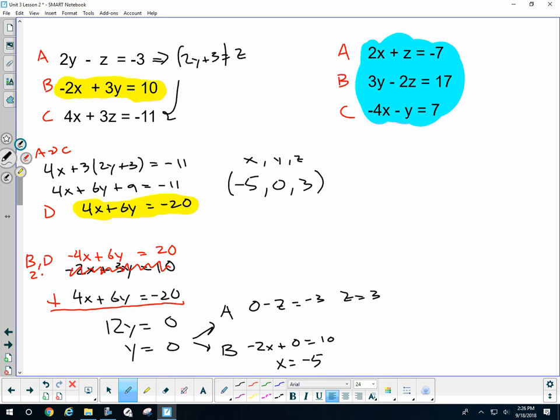Negative 2 times negative 2x minus 7, positive 4x plus 14. 3 times, is this negative 4x? Wait, hold on. No, it isn't. Nope. That was negative y. Nope, you're good. Yeah, everything looks good actually. I think that looks good, but other people are getting different answers.